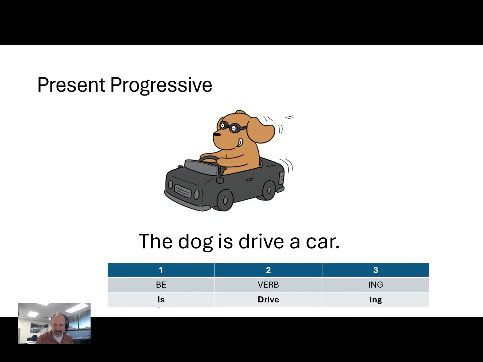So it should be is driving with ing, but there's one trick here because drive ends in E. If a verb ends in E and we're adding ing, we need to drop the E and add ing. The dog is driving a car. That's the correct sentence, is driving a car.